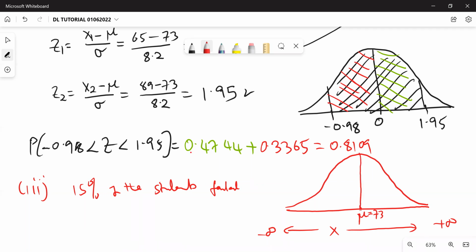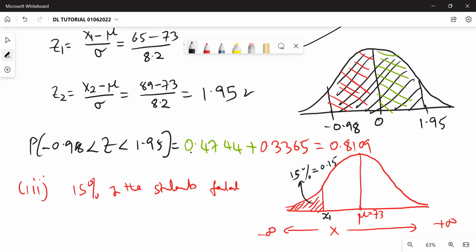We are told that there are people who scored very low marks here. We don't know how much they scored, so we can call this value x1. And this area here, or the probability, is 15%, which you can write in decimal form as 0.15.